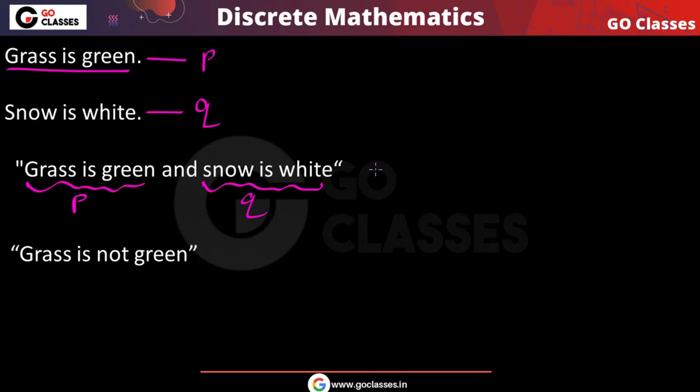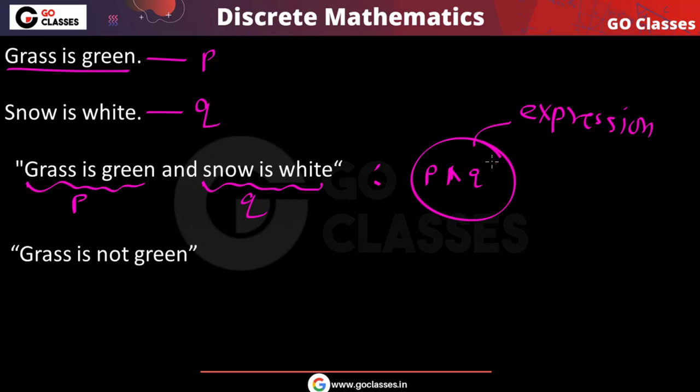So finally this complete statement is nothing but p and q. This p and q is an expression. Remember, this is not a variable, this is an expression.